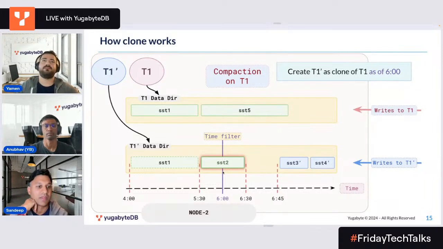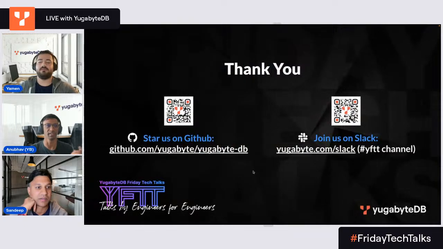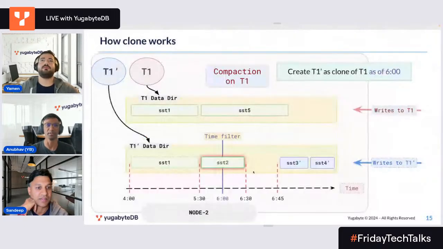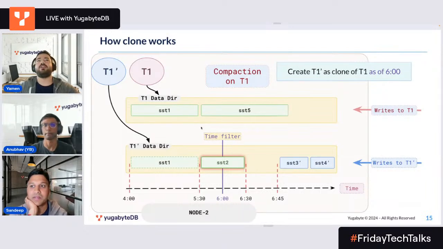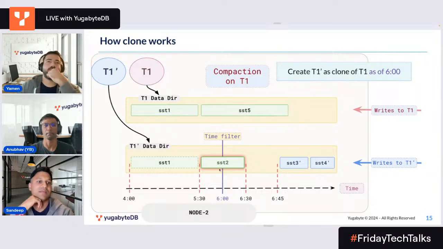Got it. And the added space comes from SST5, not SST2. SST5 is the new file, so that's going to be the amount of new space we use. Got it. Somehow it depends. Because T1 prime is the clone, I would say the cost of the clone here is SST2, not SST5. Fair enough. If you want to say the extra space is SST2, yes.